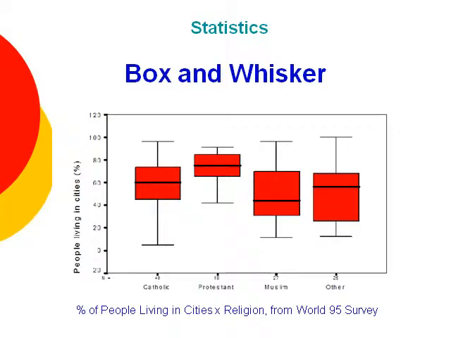This type of graph is used frequently in statistical analysis because it reveals the shape of the distribution and indicates the extent to which the data contain outlier or extreme scores. Looking at the data in this example, for Catholic countries, the median, the center line, corresponds to a score of approximately 60%.